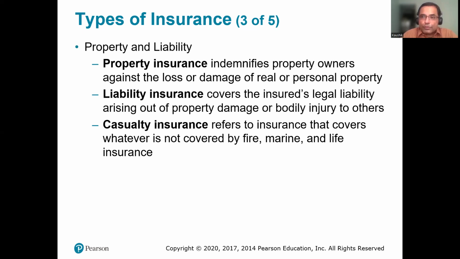Liability insurance tries to cover for legal liability due to property damage or bodily injury. Think about the liability clause in auto insurance. Then we have casualty insurance. This refers to insurance that is not covered by fire, marine, or life insurance.